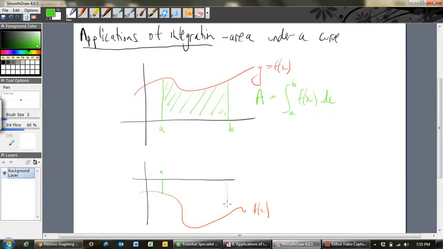So if you're asked to find an area that's below the x-axis, then what you need to do is get the negative of this, because otherwise you'll get a negative result for the area. Okay, so they're the two situations. If it's above the x-axis, just treat it as per normal. If it's below the x-axis, just be a bit careful, and if you don't put this negative in front, you'll get a negative answer for the area, which is a bit strange.